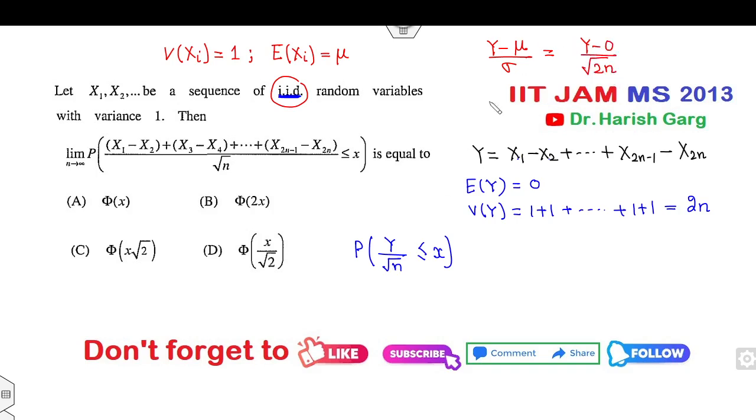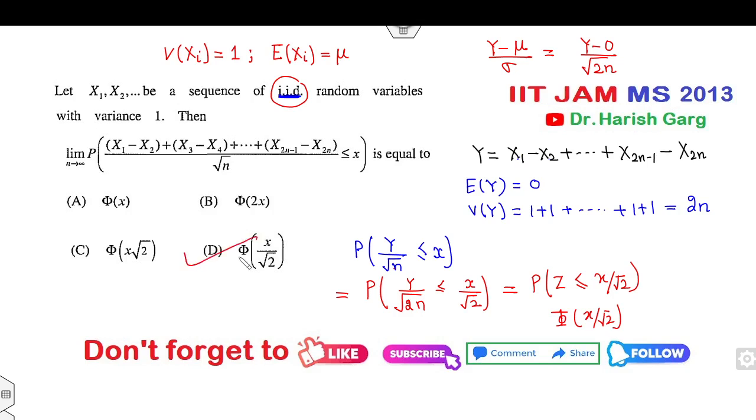Now clearly, root n is already given, so I can multiply by root 2 in this case. So what is given to you? This is a z which is less than or equal to x by root 2. That is my CDF of x by root 2, which is the right answer of this problem.